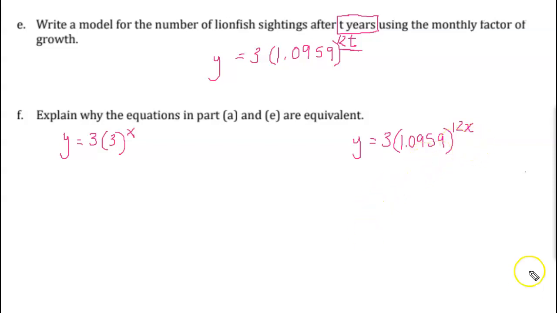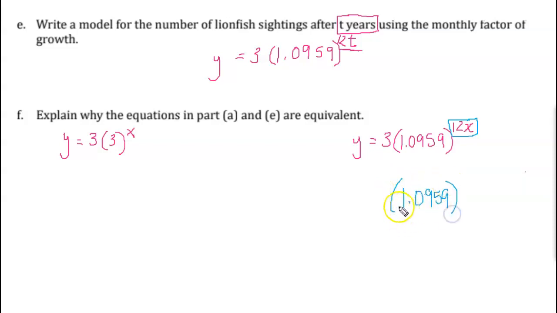If you recall your laws of exponents, anytime you have a power to a power, then you multiply the exponents times each other. So if I have an exponent that is two things multiplied times each other, another way to write that is as a power to a power.